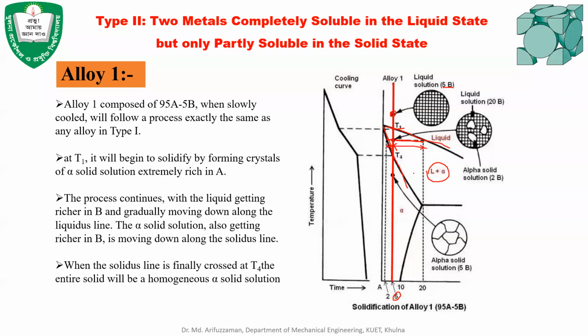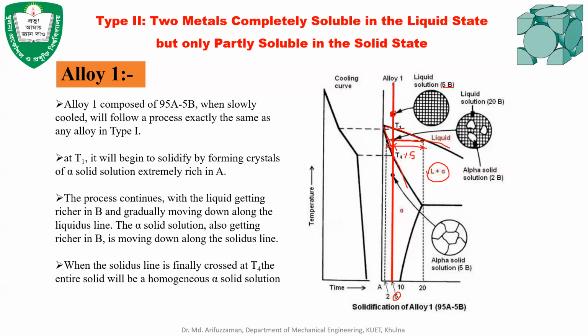Can anyone say? To find out how much solid is in there at that temperature. Yes, definitely. So to find out the percentage of solid, we have to consider this length, and to find out the percentage of liquid, we have to consider this line according to the lever rule.